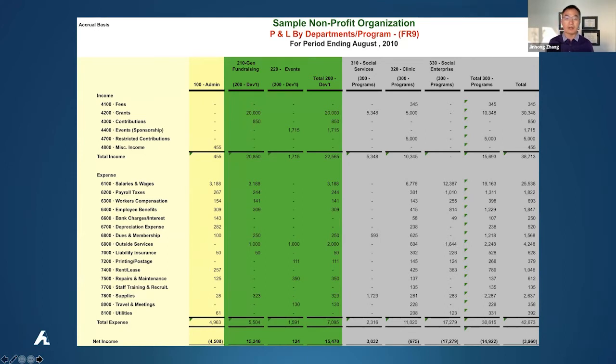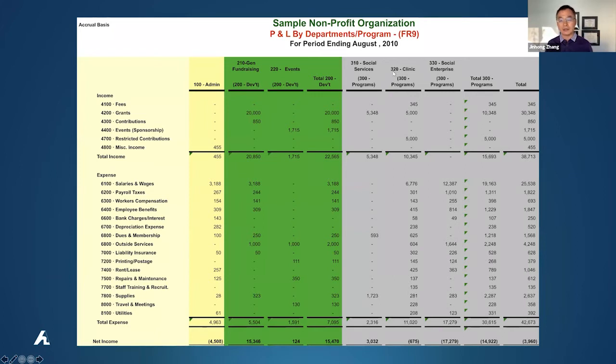Here's how we can even deepen the categories. Again, this is a nonprofit. You can separate this into different programs. In this case, you have the admin, the fundraising, and the program. And among the fundraising, you can also have sub-programs: the general fundraising and events.